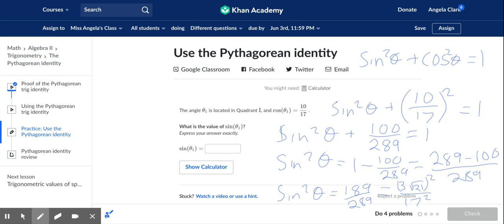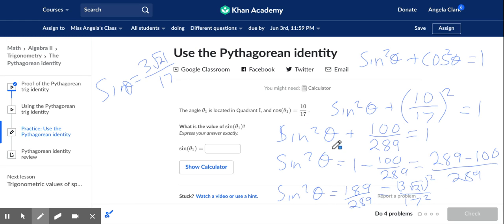All right, so this is sine squared. So sine theta equals 3 root 21 over 17. The denominators should match, by the way.